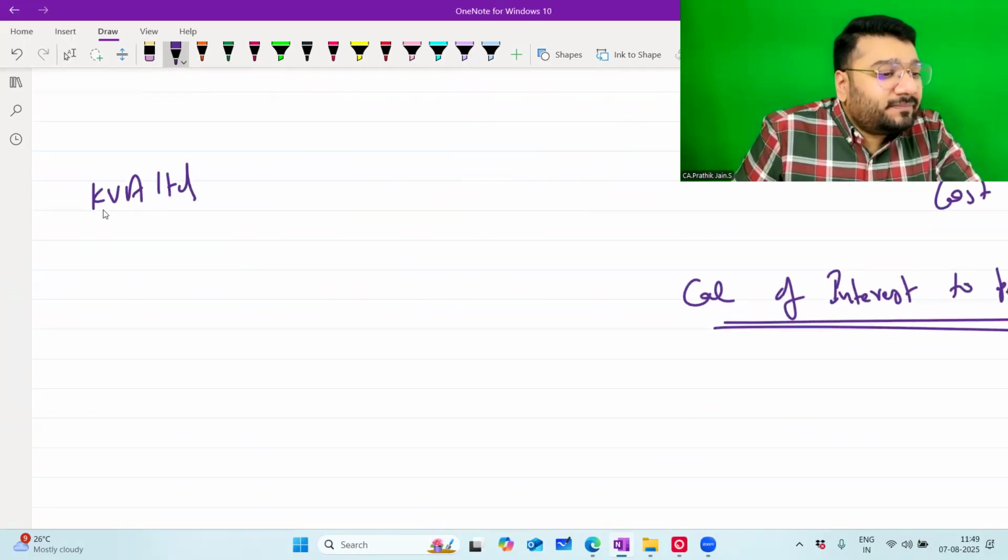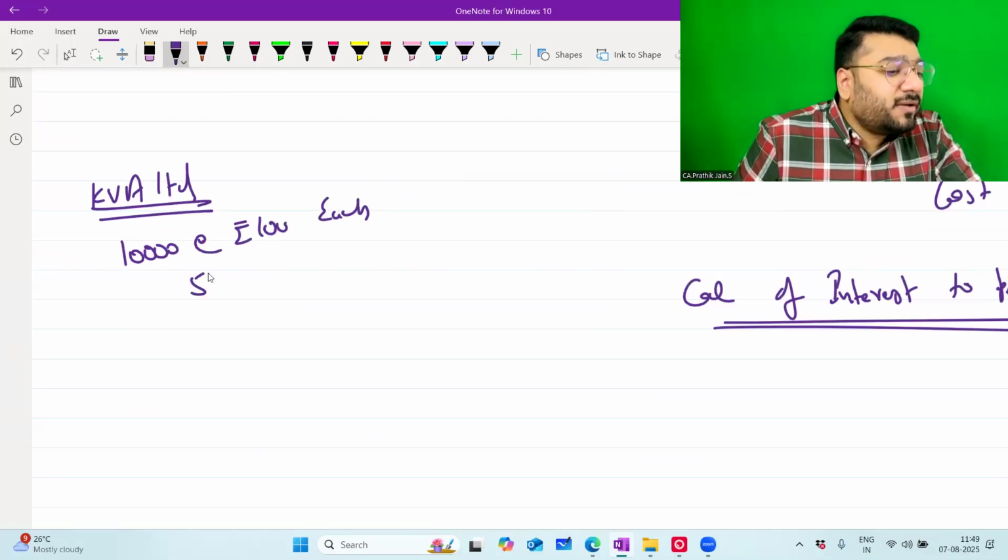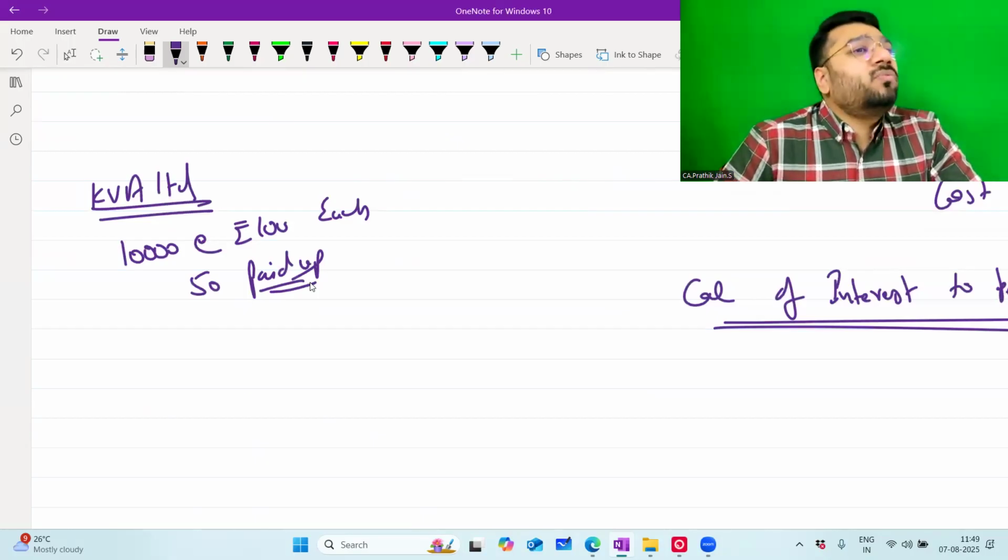KV Limited issued 10,000 bonds or debentures at the rate of rupees 100 each, 50 paid up. Who are you? The CA of KV Limited, or the director of KV Limited? You are the director, not me.